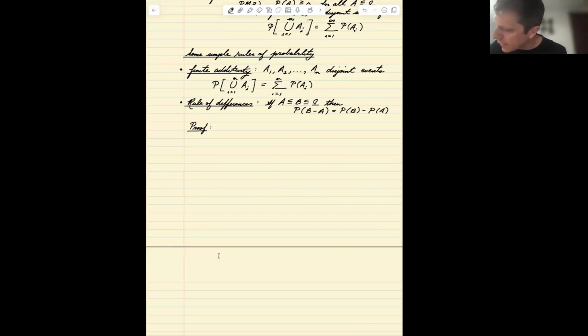So what we have here is B. Let's draw a picture of what this looks like and how we might be able to make use of this.